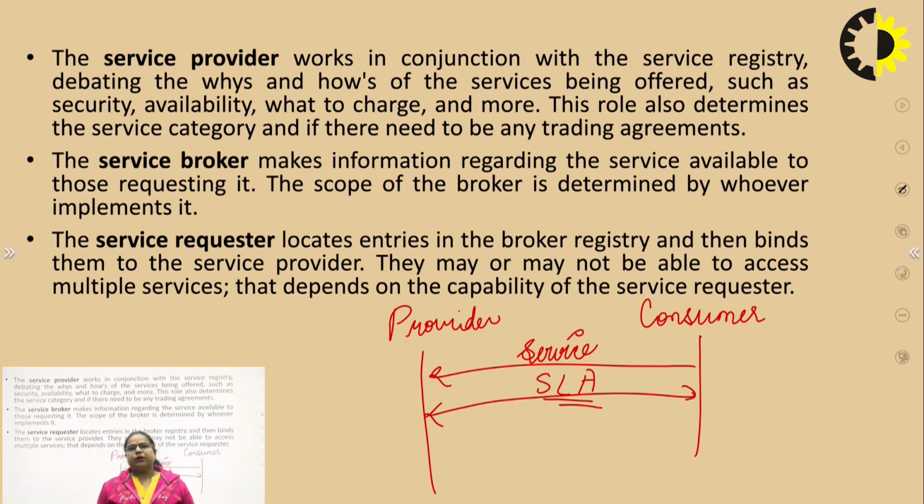They generate one broker registry, and similarly send it to the service provider saying that all these services I require, and the rest are not needed. In that case, they may or may not be able to access multiple services at a particular time. Basically, that all depends upon the capability of the service requester.